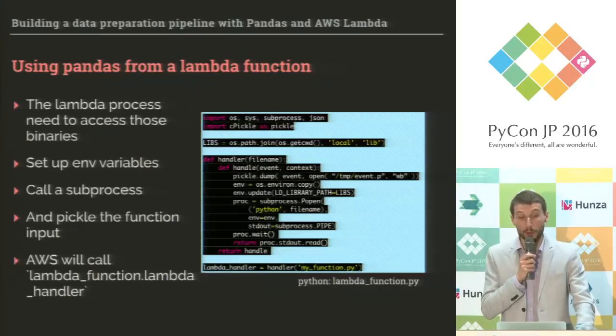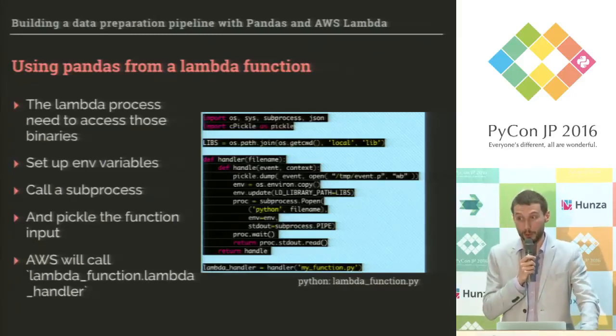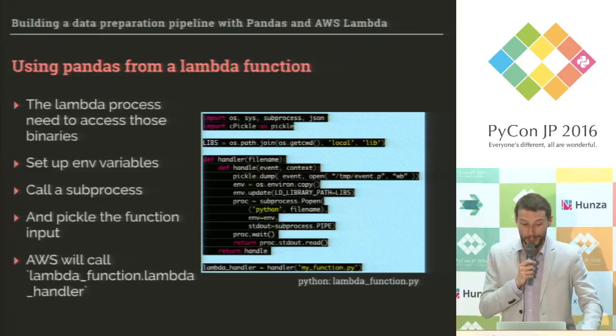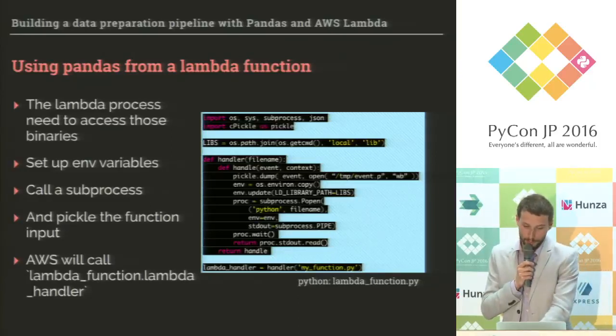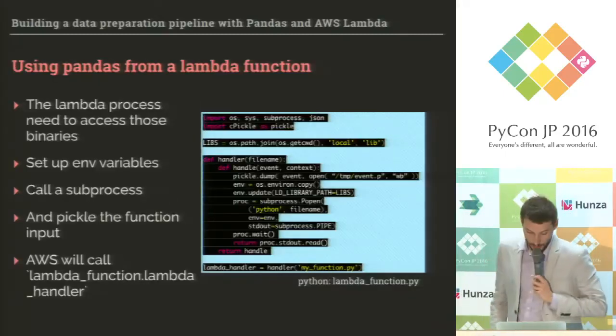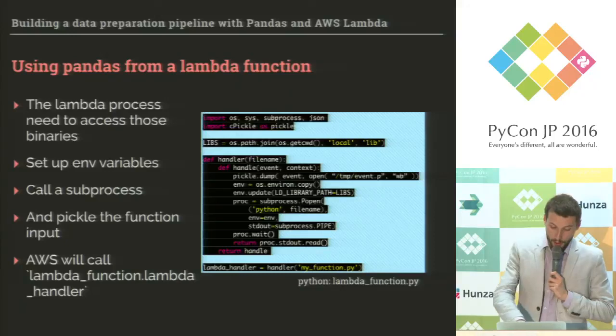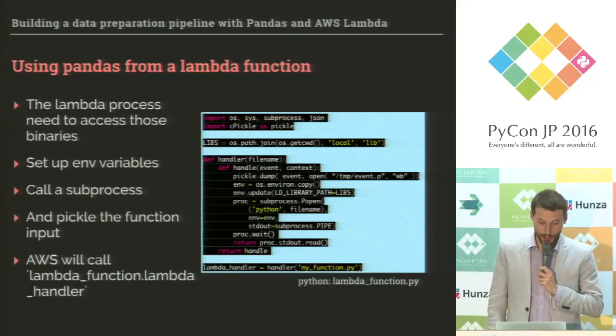So in fact, you can open a process and launch a new Python instance for which the proper environment variables are available, which means that you start to have some freedom, and you can, in particular, work with Pandas. So here, what's happening is that the Lambda handler at the bottom is a function that will be called by AWS.